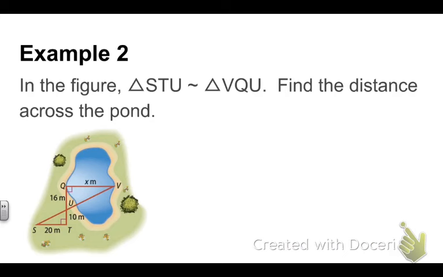Alright, so our last example is a little bit trickier. In the figure, triangle STU is similar to triangle VQU. Find the distance across the pond. We are given two figures, but I want you to look at those triangles. Hopefully you notice that they're not exactly in corresponding positions.